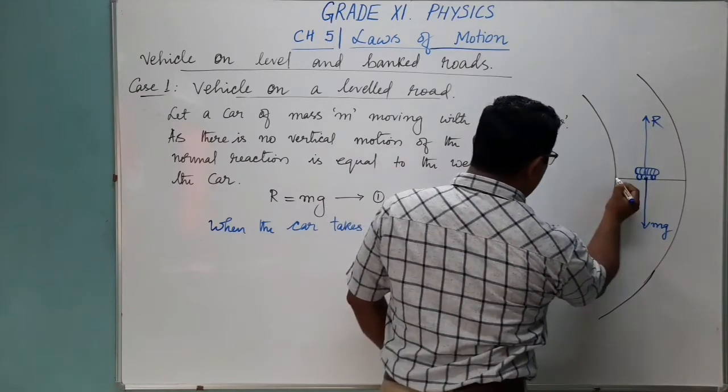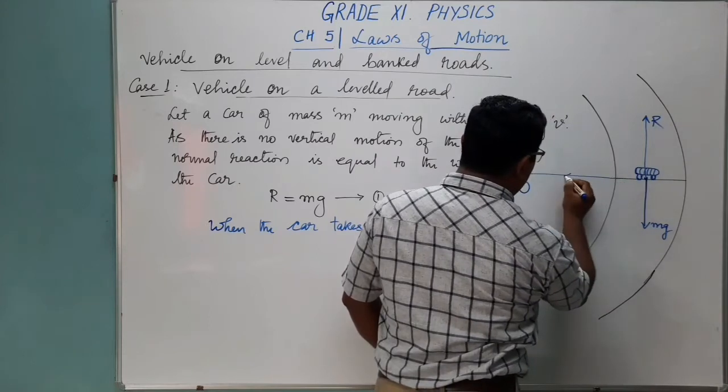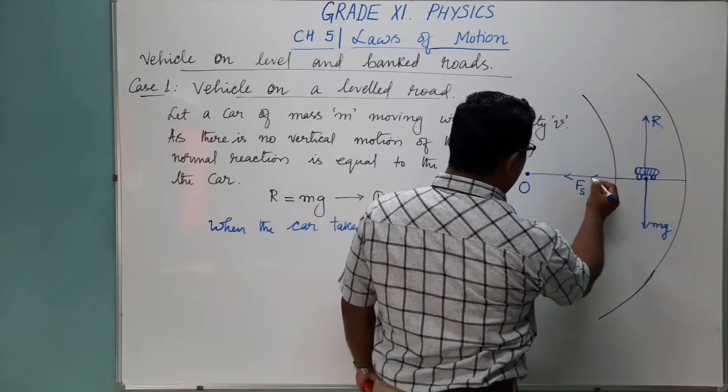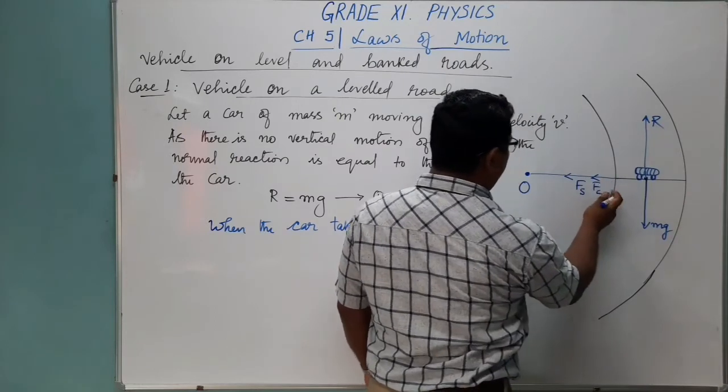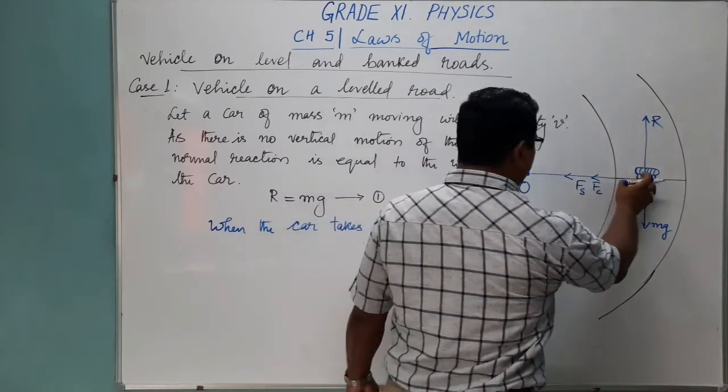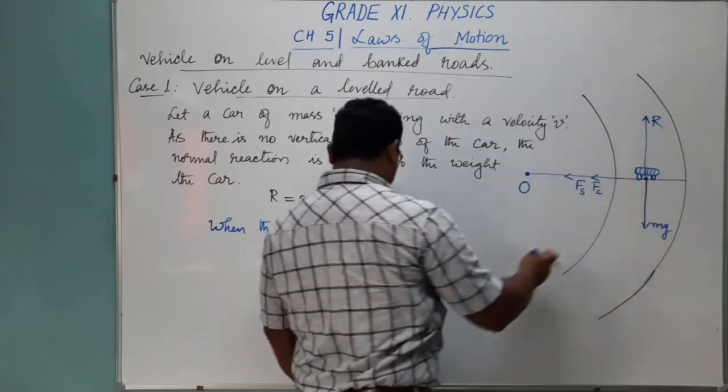Then the centripetal force will be provided by the force of static friction here. Centripetal force Fc will be equal to the force of static friction provided by the road to the car in the tire.